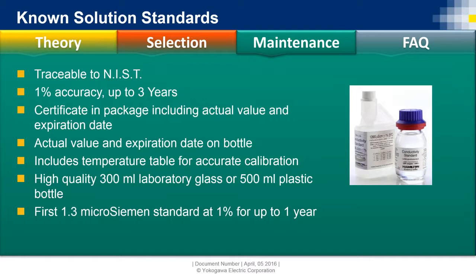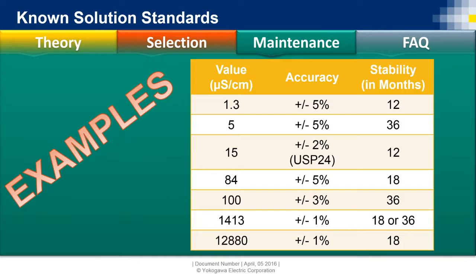They have expiration dates on the bottle. You're going to use them where you pour sample, use it, and then toss it, so you only use it once. But they have a really great one. If you're going with pure water, ultra pure water, and you want to calibrate, they actually have a 1.3 microsiemens solution that's stable for up to 1 year. So here's just some examples of the ones that they have to offer and the accuracy of them and how stable they are.